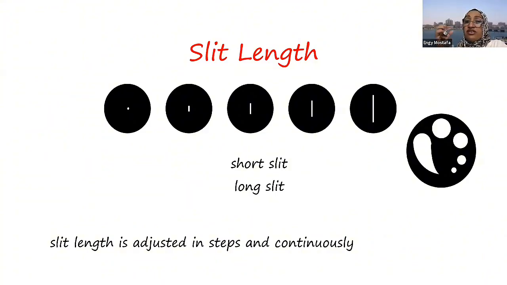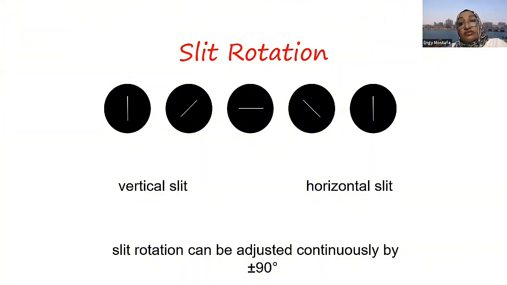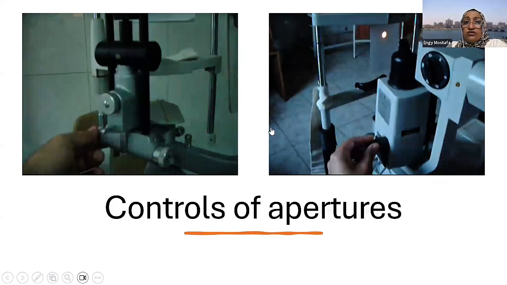It can be a very minute short one of 1 millimeter, or it can be the full length of the slit. Again, it can rotate. The rotation can be vertical, and then it can rotate all around to a horizontal slit. So we can control the slits, and this is how we control the width of the slit.